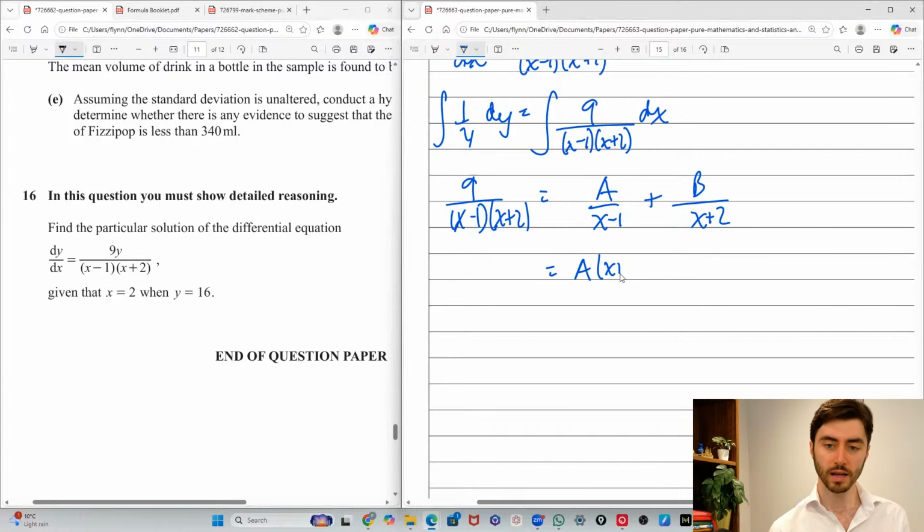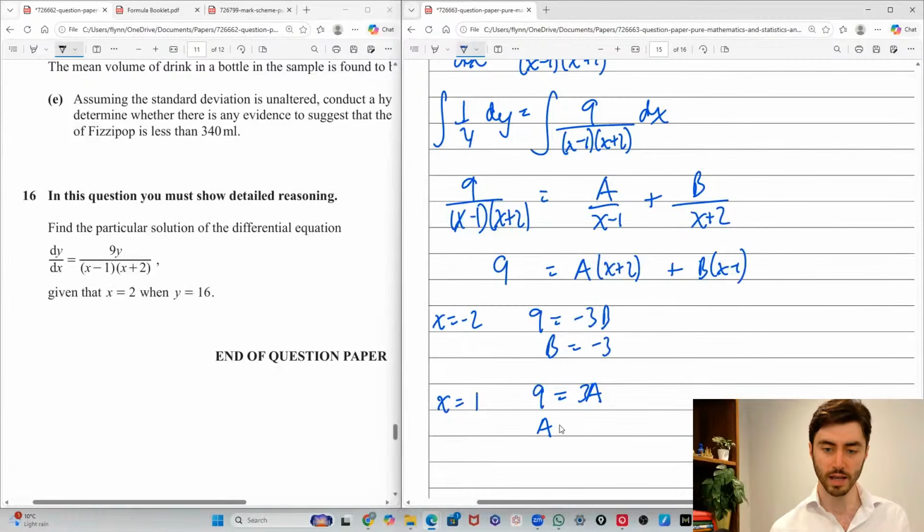So it's A into x plus 2 and B into x minus 1 is going to be equal to 9. When x is equal to minus 2, we have 9 is equal to minus 3B. So B equals minus 3. And when x is equal to 1, we have that 9 is equal to 3A, which means that A is equal to 3.